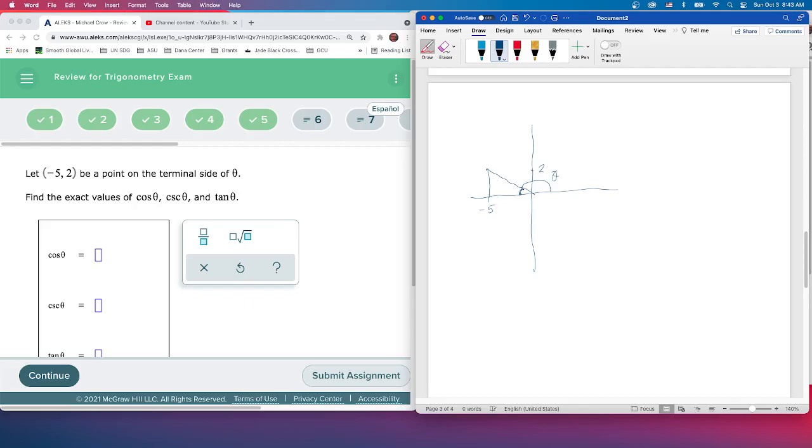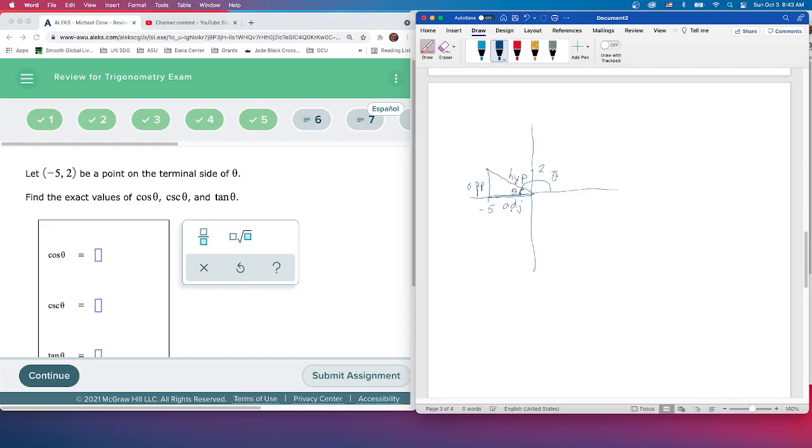We just need to label our sides. This is the adjacent side, this would be the opposite side, and this would be the hypotenuse side. We're not looking at the top one, we're looking at the angle that is on the x-axis. So this is our theta.